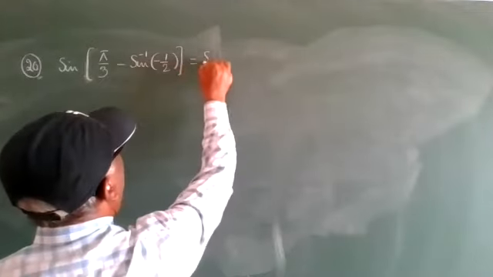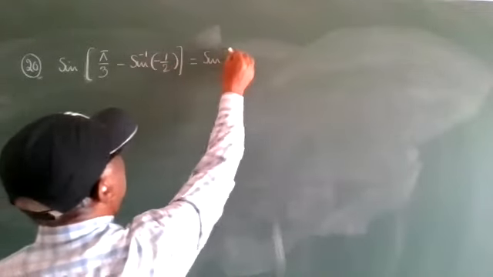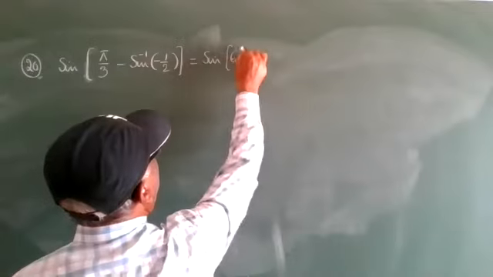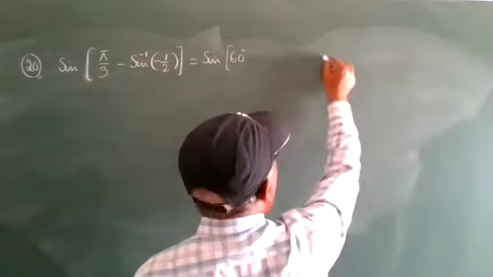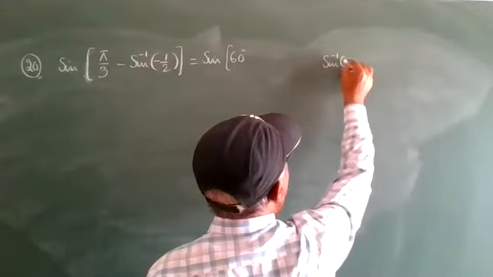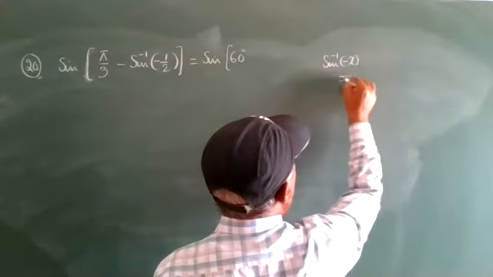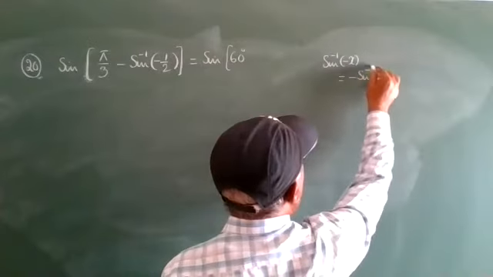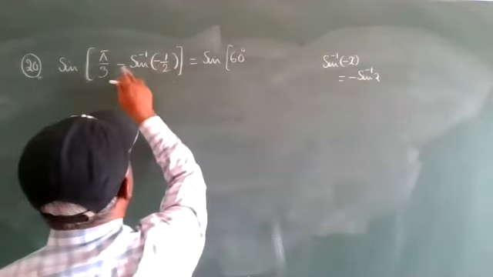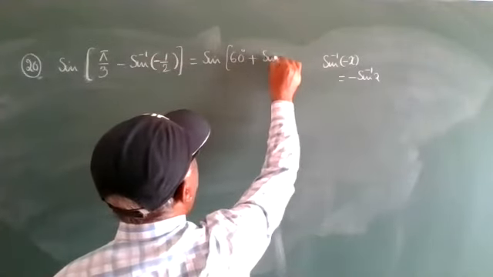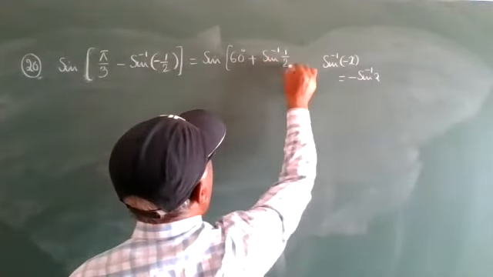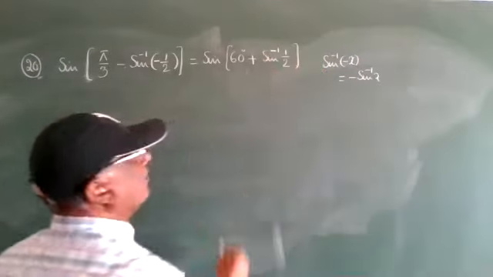Sine of pi by 3 is sine 60 degrees. By the negative property, sine inverse of minus x is minus sine inverse x. The minus comes outside, and minus minus is plus, so it becomes sine inverse of 1 by 2.